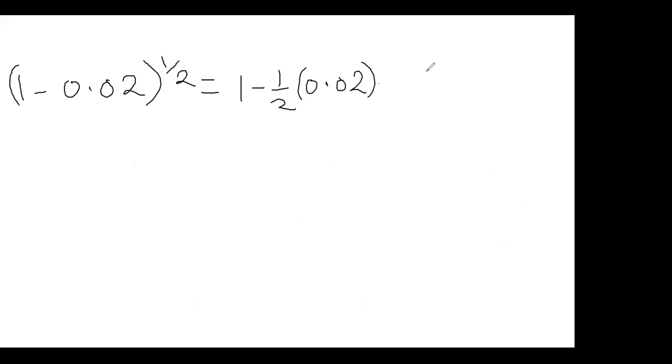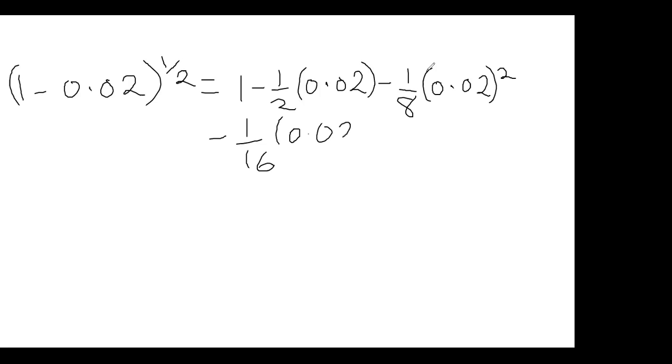So we are saying (1 - 0.02) to the power half is simply equal to 1 minus half times 0.02, then minus 1 over 8 times 0.02 to the power 2, then minus 1 over 16 times 0.02 to the power 3.